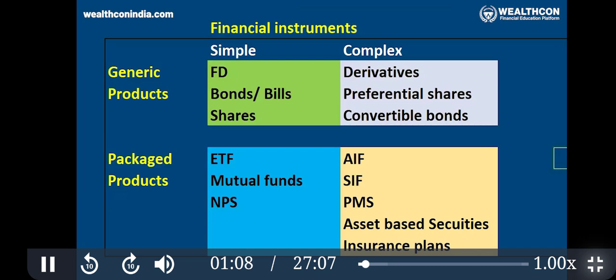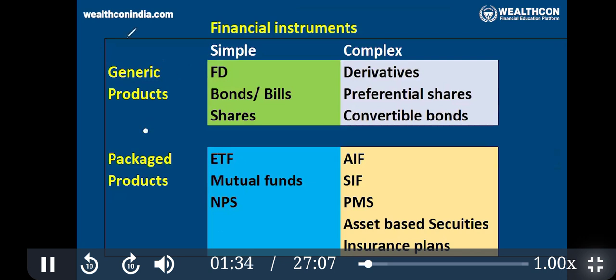It is a top-down method. Here I will divide financial instruments into a 4 by 4 matrix based on whether they are generic products or packaged, and on complexity, whether they are complex or simple. What is the difference between generic and branded or packaged? We know generic medicine and branded medicine are almost the same.